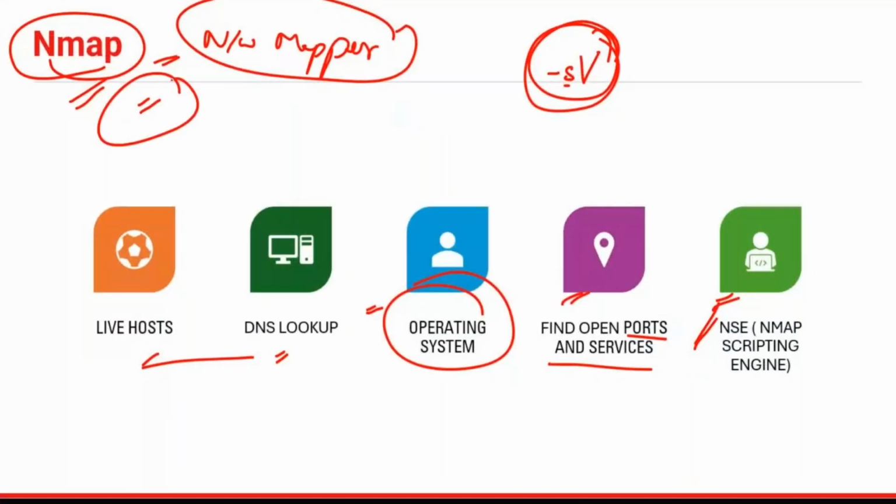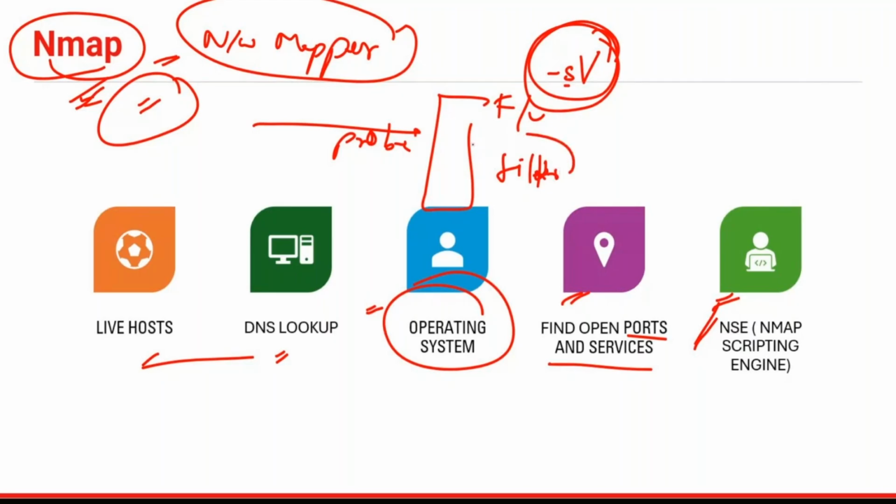Now what if we are running this Nmap, and the probe packets that I'm sending meet security solutions? What if a firewall is there, or IDS and IPS are there? They might be able to filter these packets. So can I evade also using Nmap? Yes, we can.